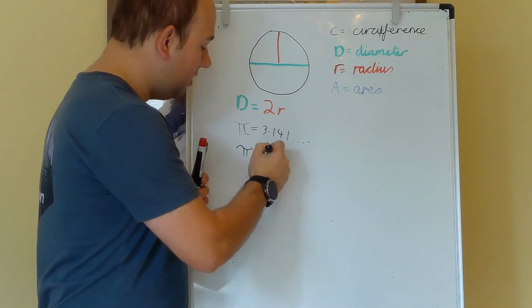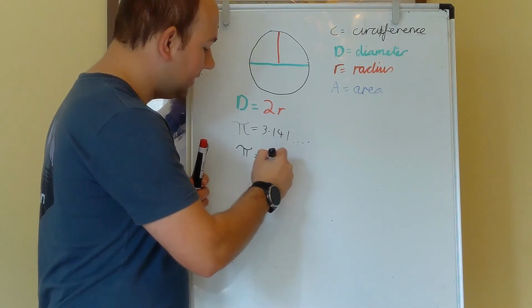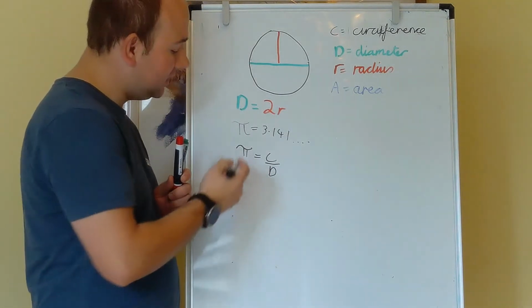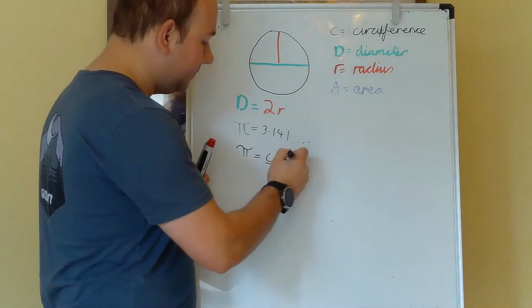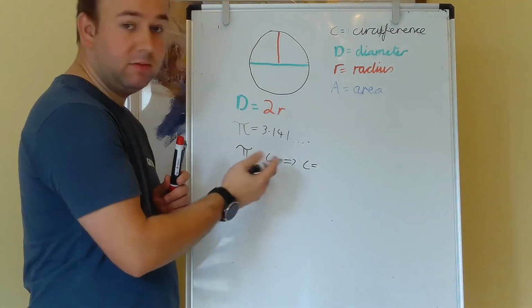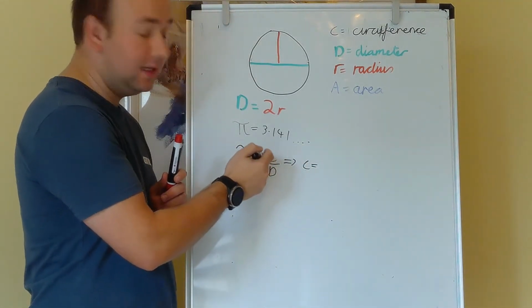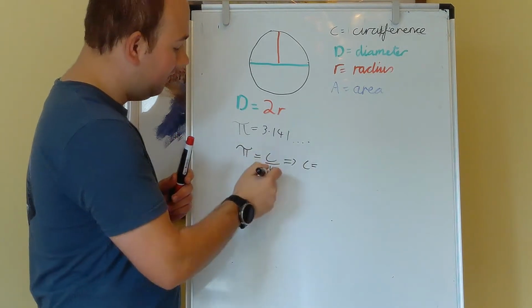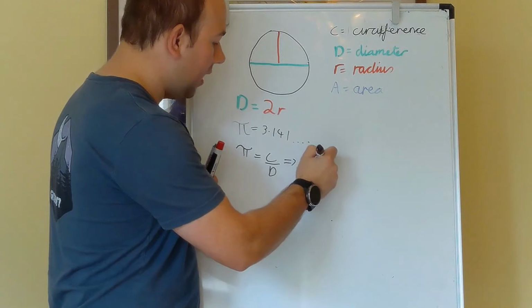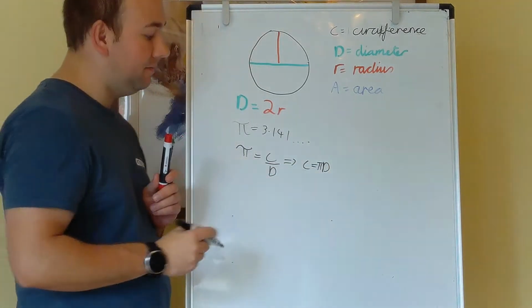It's actually the ratio of the circumference to the diameter, meaning circumference divided by the diameter. If we rearrange this and take d up to the other side, the circumference is equal to pi times d.